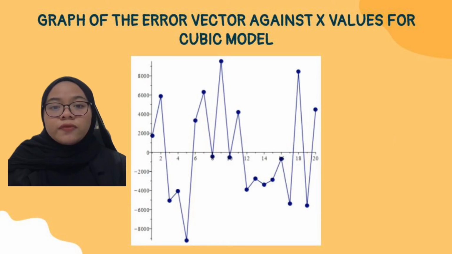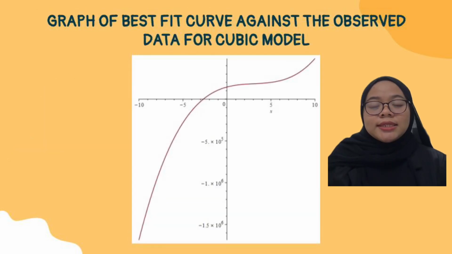This is the graph of error vector against the x values for the cubic model. Next, this is the graph of the best fit curve for the cubic model. We use the least squares equation of the cubic model to get the graph by setting x from negative 10 to 10, so we could see the right graph of the cubic model.